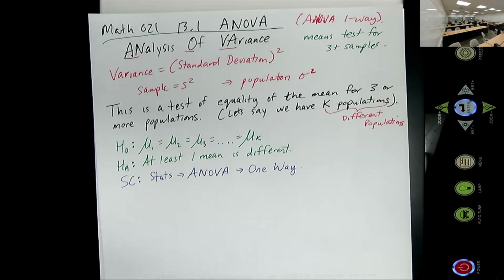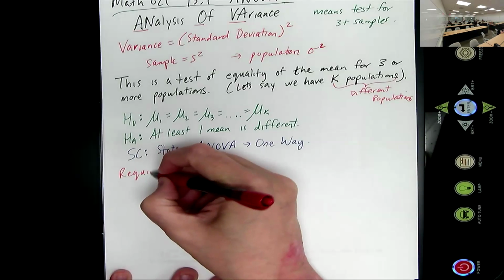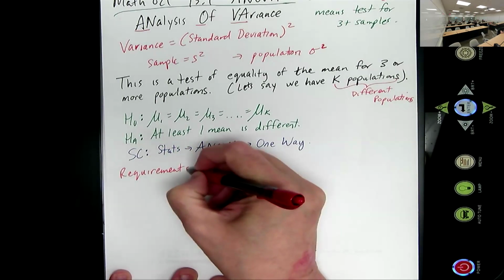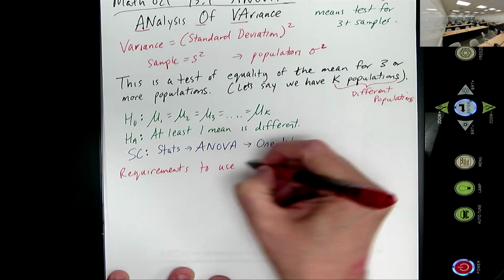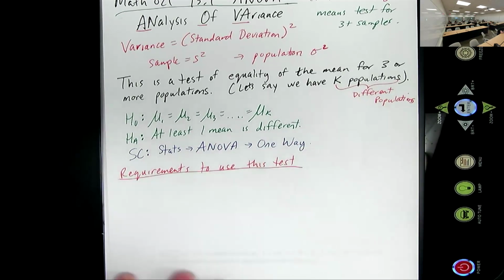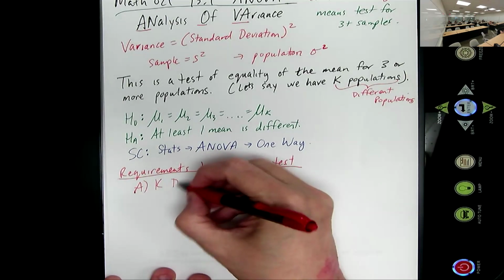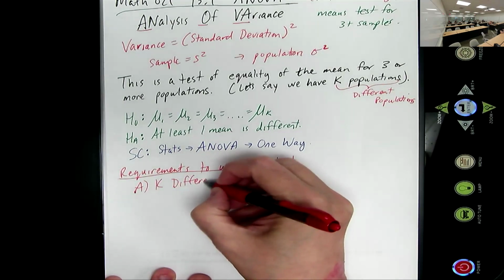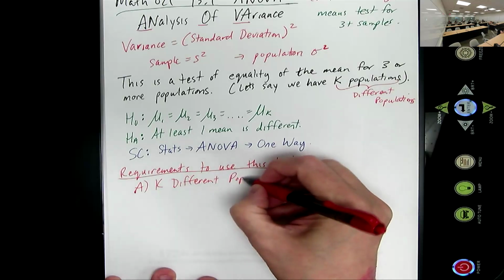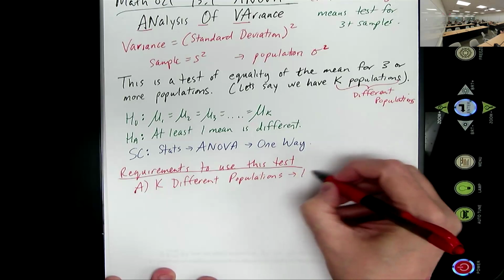So requirements. Requirements to use the test. As I said, we have k different populations, and one sample group for each.